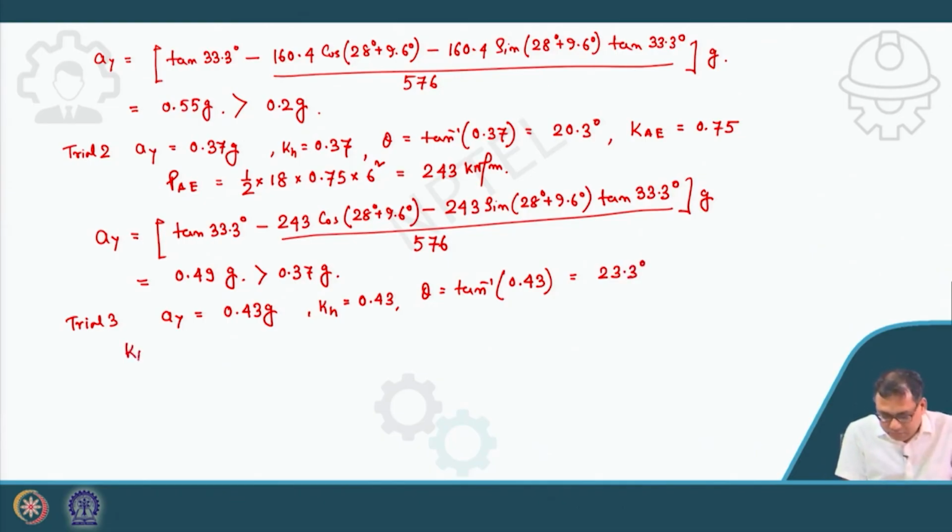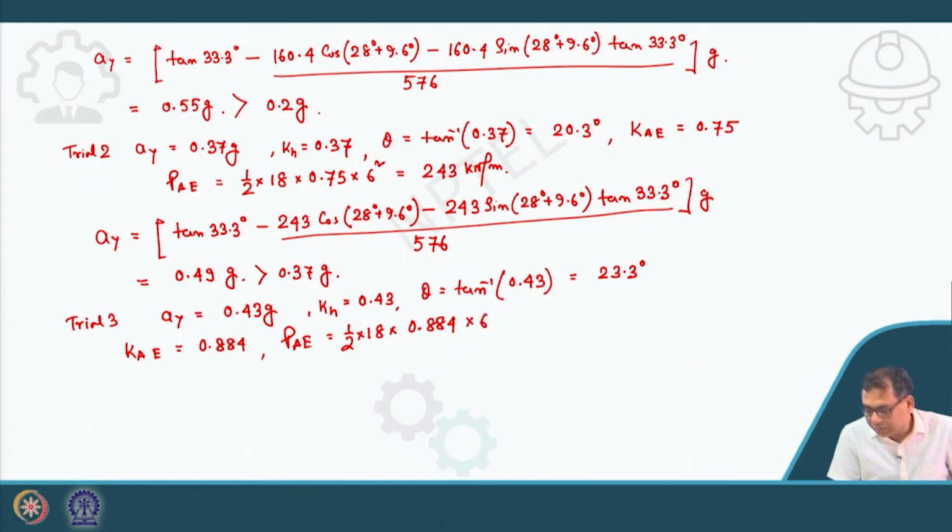So, again I can calculate KAE, which is 0.884, and PAE is equal to half into 18 into 0.884 into 6 square. It is 286.4 kilonewton per meter. And if I put this value again in the AY equation in the third trial, I will get AY is equal to 0.46 G, which is close to the assumption of 0.43 G.